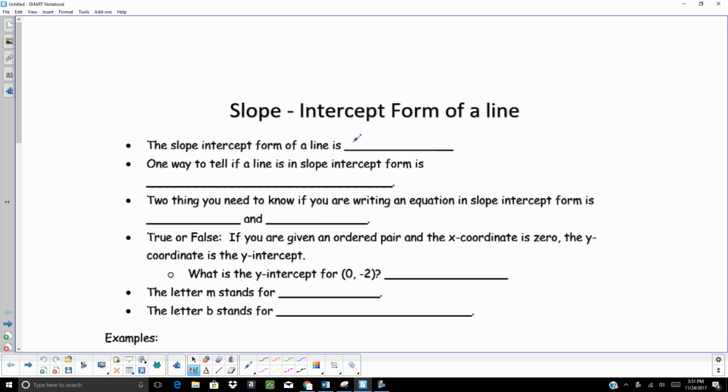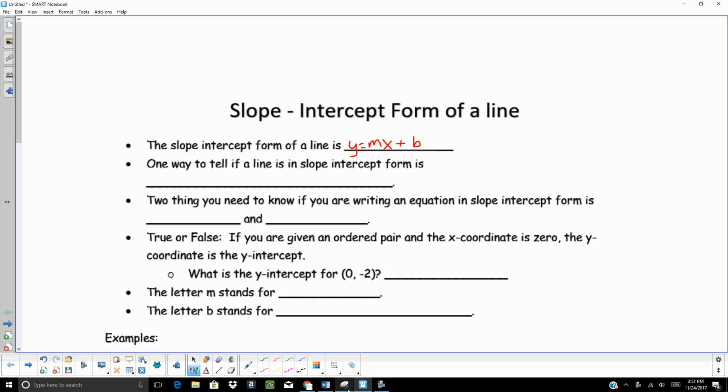All right, the slope-intercept form of a line is y equals mx plus b. You can always tell if it's in slope-intercept form because it's in that form.